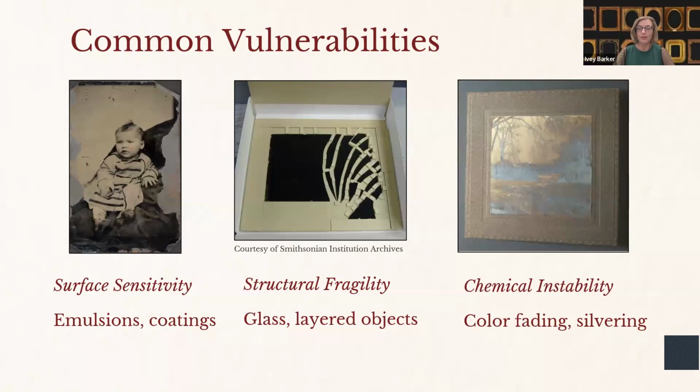And of course, chemical instability, because it's a silver halide process and there's a lot of chemical components. If it isn't processed right in the darkroom or isn't fixed right, or the color chemistry was still being worked out, shout out the 1960s color photos, then you can see very distinct chemical deterioration, such as color fading and mirroring or silver mirroring, as you see here on the far right.